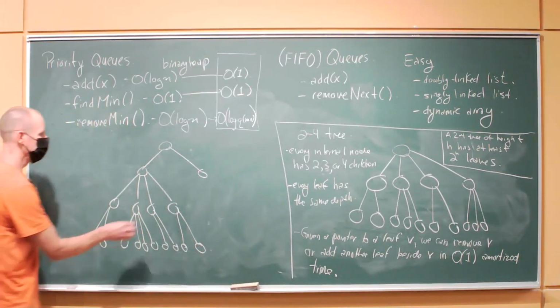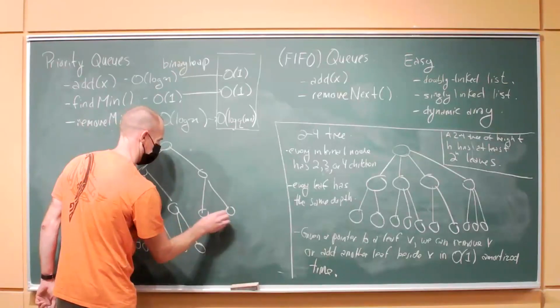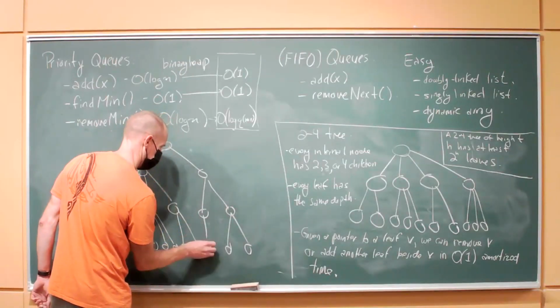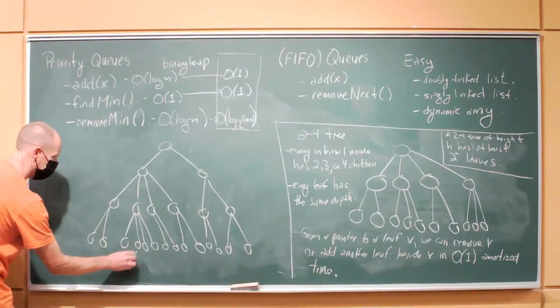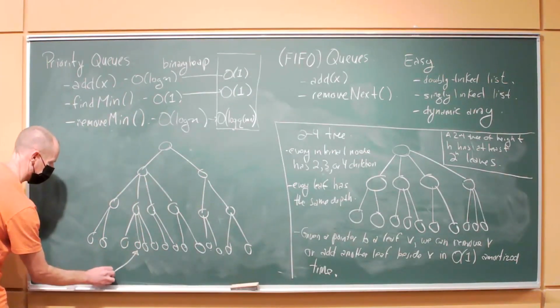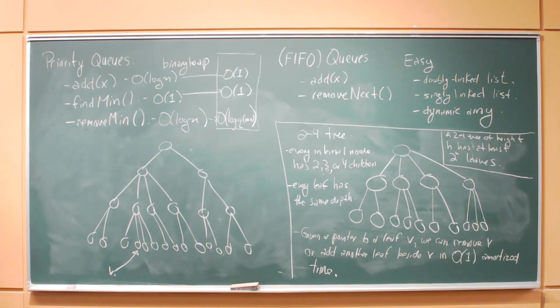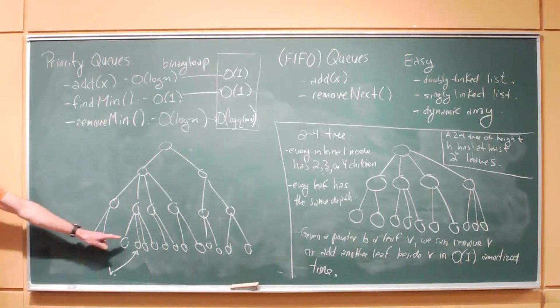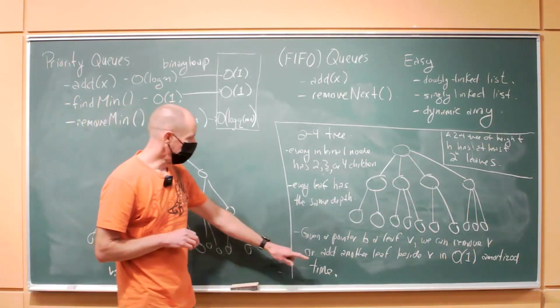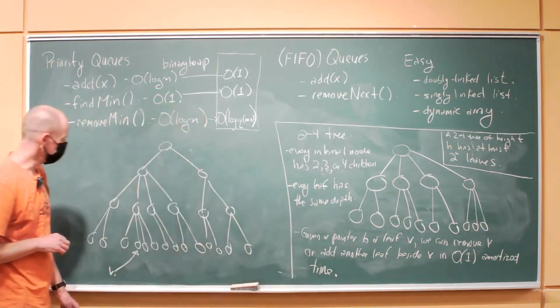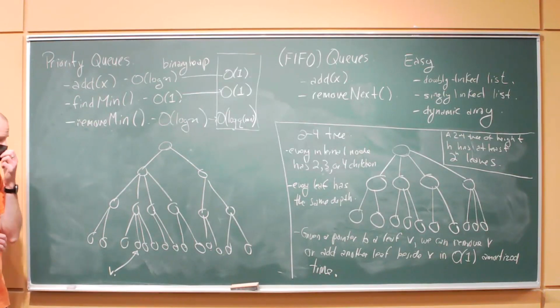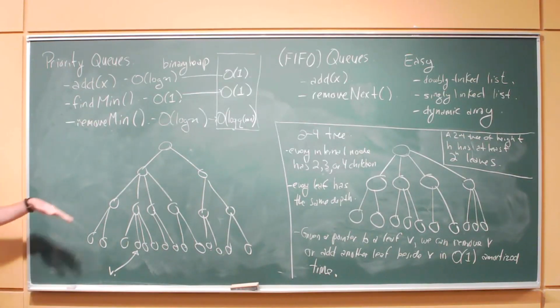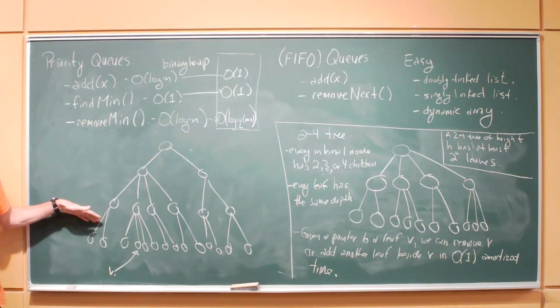It says if you give me a pointer to some leaf V, like here, then I can either remove V or add a leaf next to V in constant amortized time. So first I'll show you the algorithm. You won't believe that it runs in constant time, and then we'll analyze it more carefully.